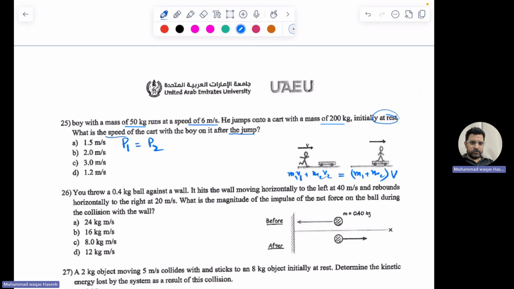We want to find the combined velocity, this v. This v is nothing but m1 v1 plus m2 v2 over m1 plus m2. So v will be 1.2 meters per second.